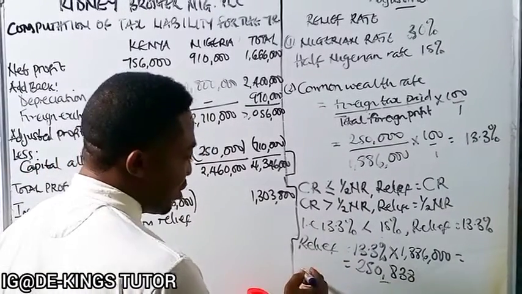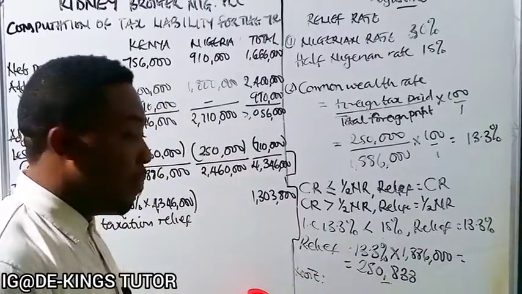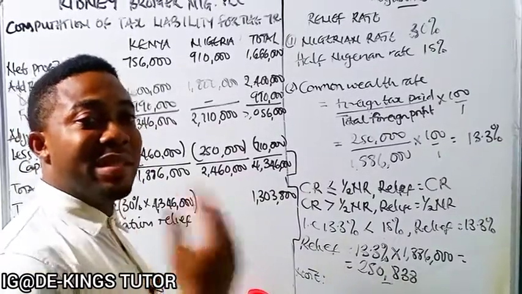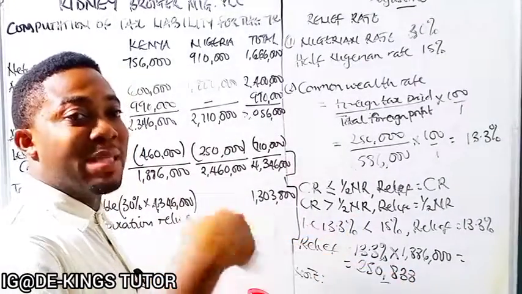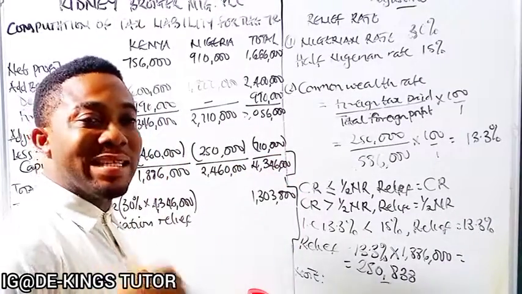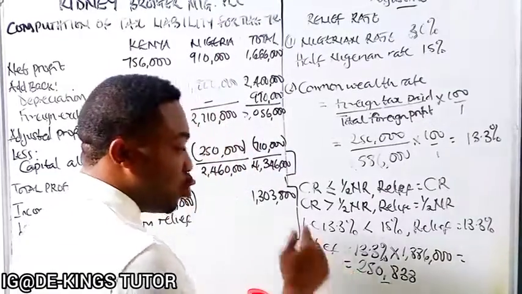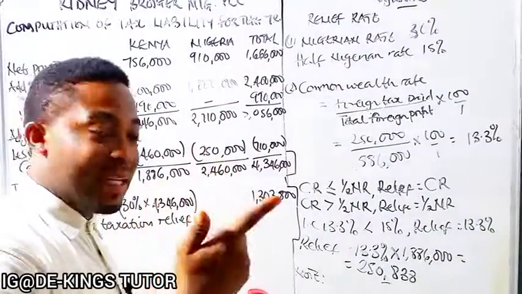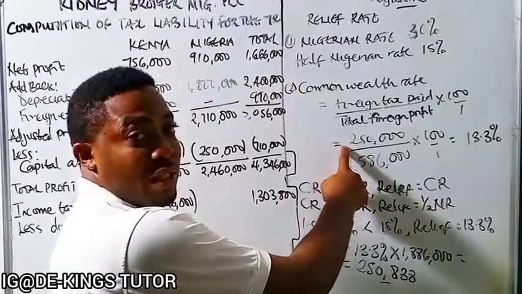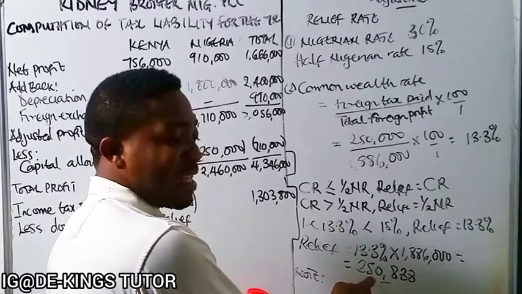Now there's a condition. Note this: the maximum relief that should be granted should not exceed the foreign tax that has already been paid. The maximum of this should not exceed the foreign tax that has been paid. So the foreign tax that has been paid already is 250,000, while the relief from what we calculated is 250,838.